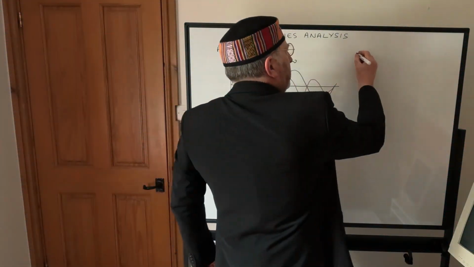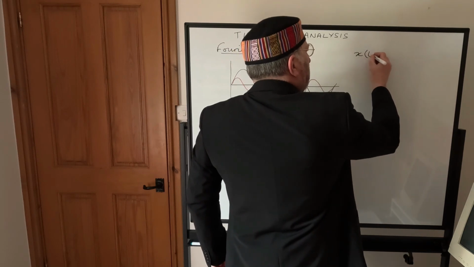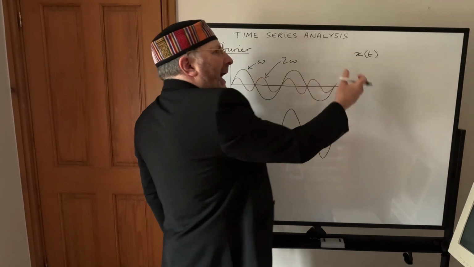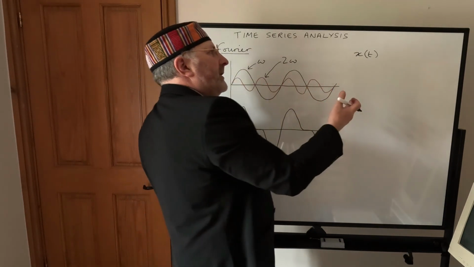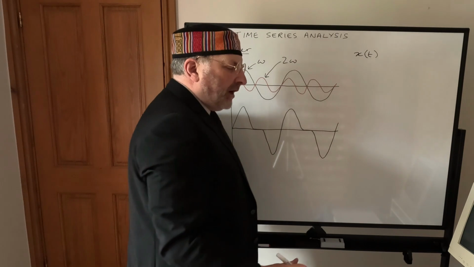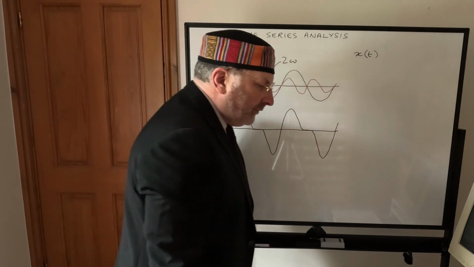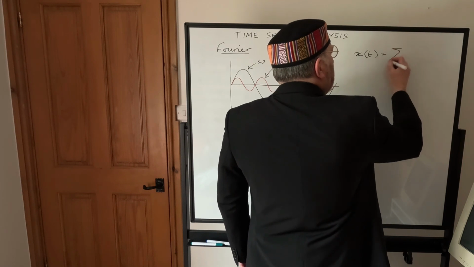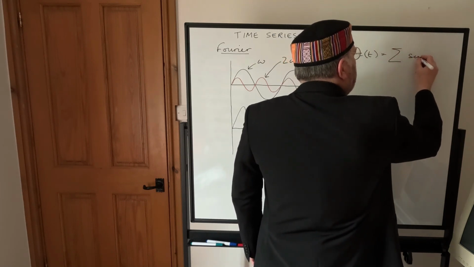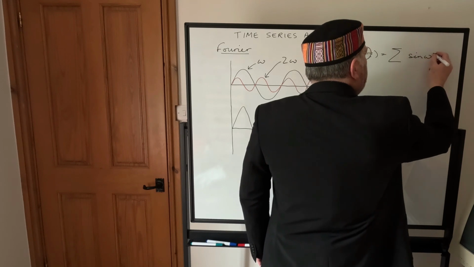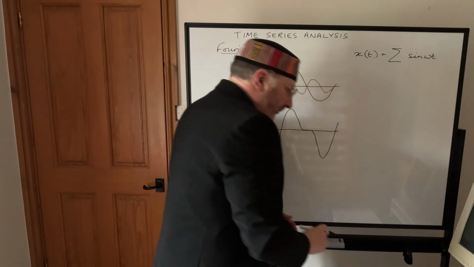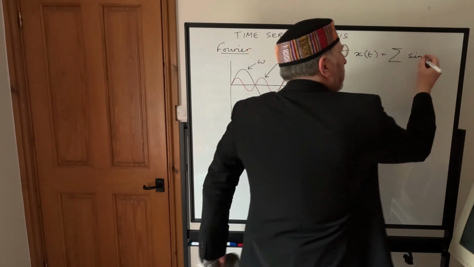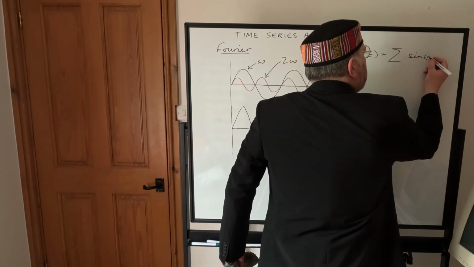So what we're saying is that if we've got some time series in a variable x, the amount of war, real wages, whatever, that depends on time, we want to understand that as the sum of a set of sinusoidal oscillations.